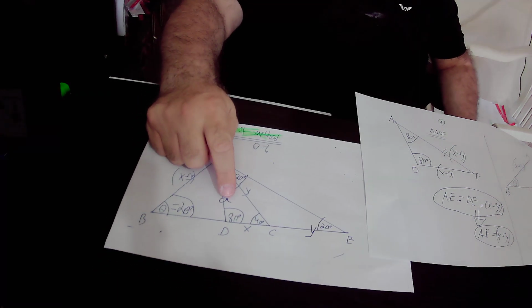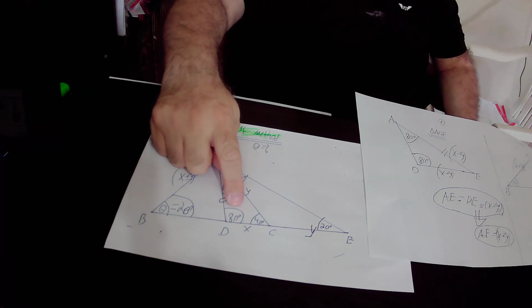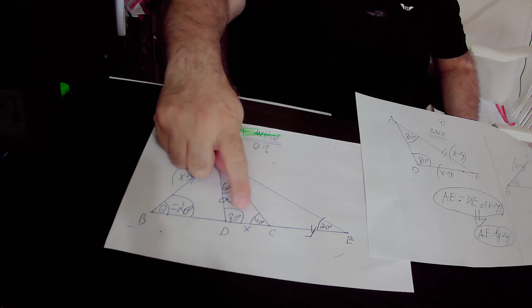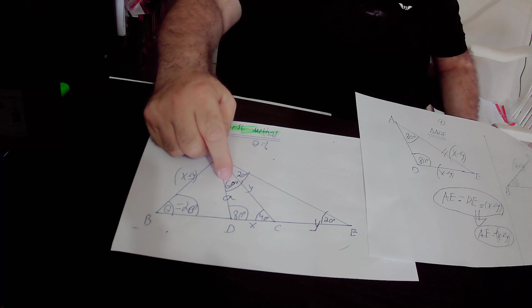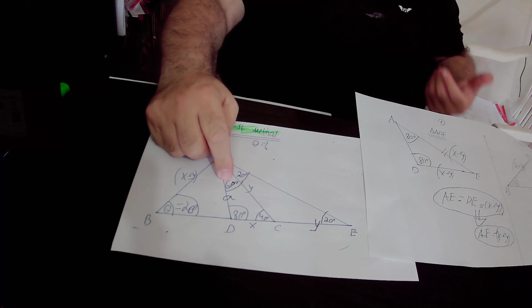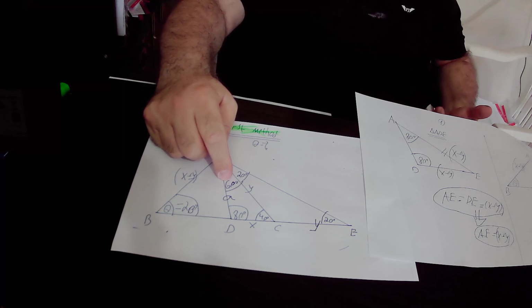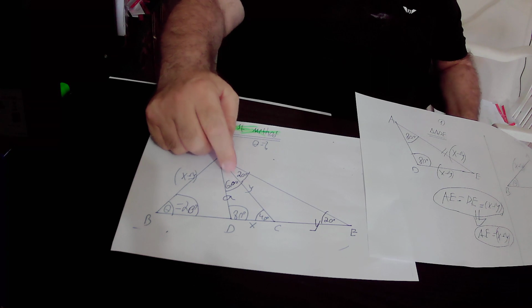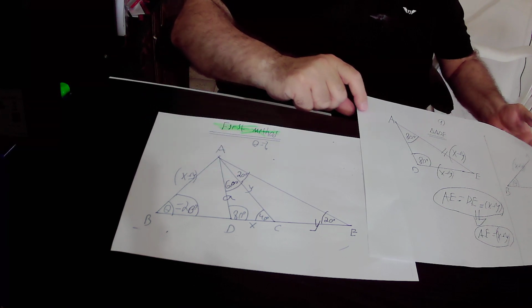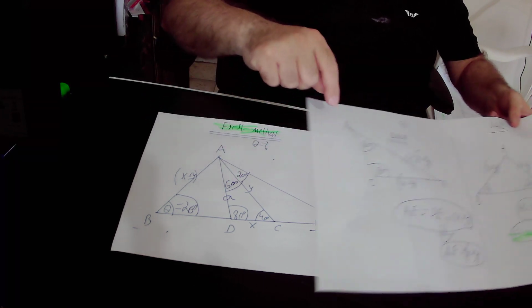First of all, this angle equals 20 degrees. This angle equals 40 degrees, and 80 degrees plus 40 degrees is 120 degrees. So this angle must be equal to 60 degrees in order to complete the sum of the angles in triangle ADC to 180 degrees. So 60 degrees plus 20 degrees equals 80 degrees. So angle DAE equals 80 degrees.